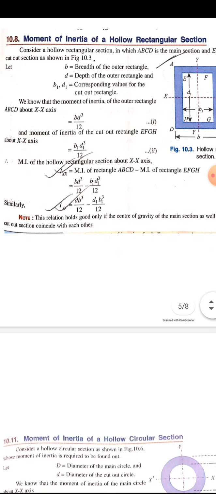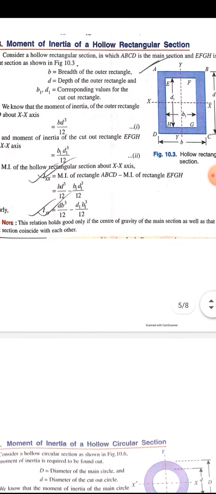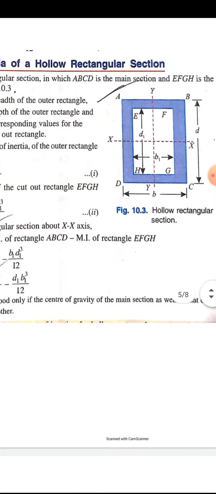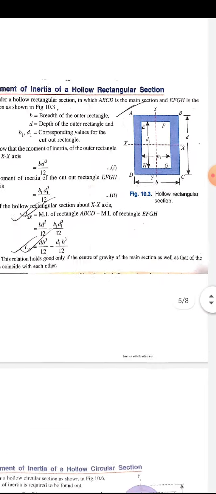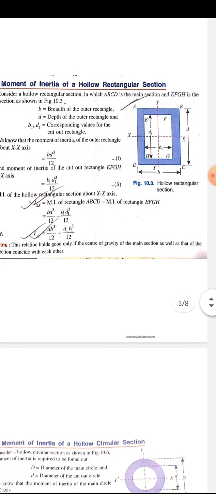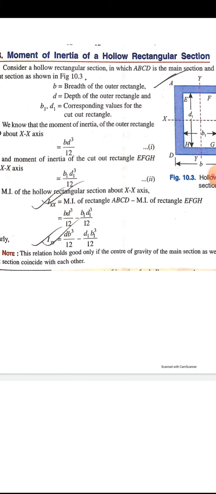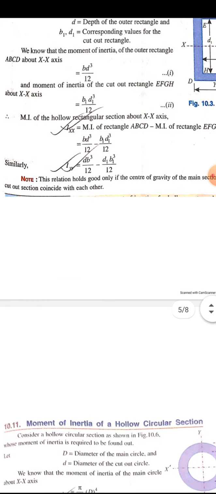Now the moment of inertia of the hollow rectangular section about the x axis, Ixx, is equal to the moment of inertia of the total rectangle ABCD minus the moment of inertia of rectangle EFGH. So the formula is b d cube by 12 minus b1 d1 cube by 12. Clear? Iyy equal to, just reverse it, d b cube by 12 minus d1 b1 cube by 12. Okay, clear?